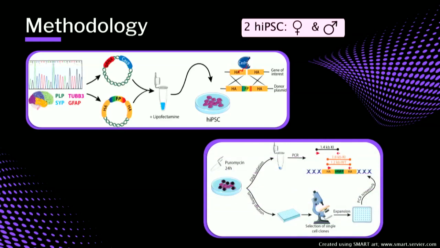After this, we enrich the population of genetically modified cells using puromycin, and then we did PCR screening to test the efficiency of the transfection, as well as limiting dilution to get isogenic clones.